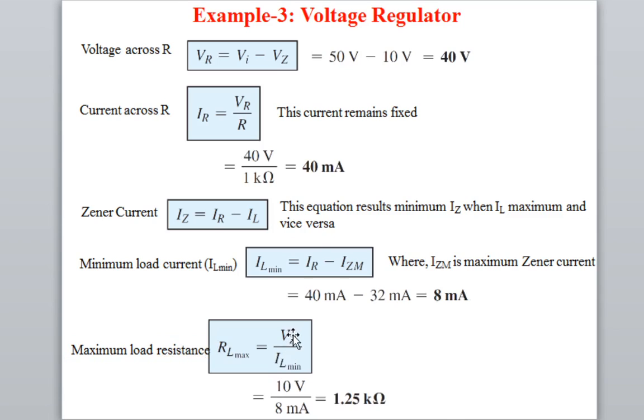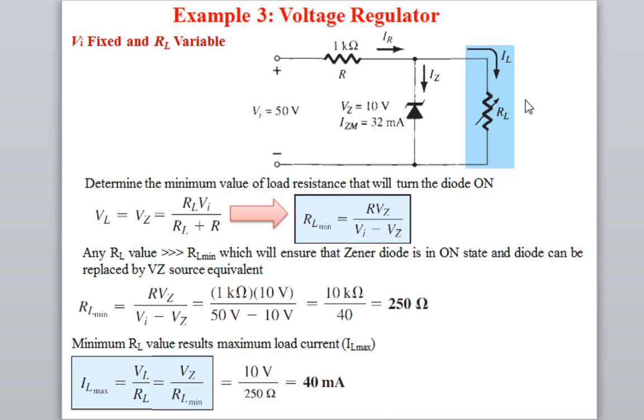RL maximum is equal to VZ divided by IL minimum. VZ is equal to 10 volt and IL minimum is equal to 8 milliampere, so that is 1.25 kilo ohm. So this is the maximum resistance across the load that can be varied, and the minimum resistance is 250 ohm.